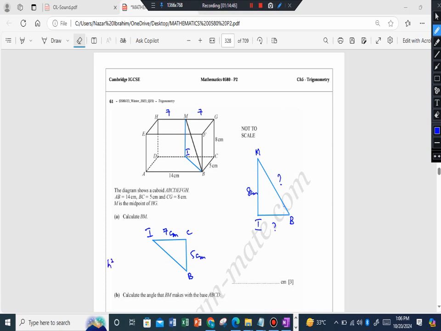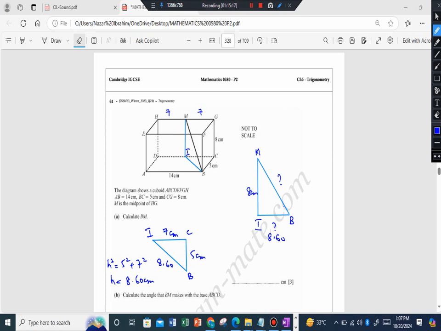Hypotenuse square is equal to 5 square plus 7 square, and taking its square root. 5 squared plus 7 squared, right? It is 8.60. So this is 8.60 centimeters. Using the value of BI, 8.60, I will calculate MB, which is my first part, right?